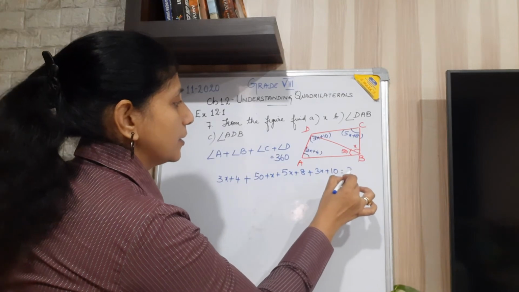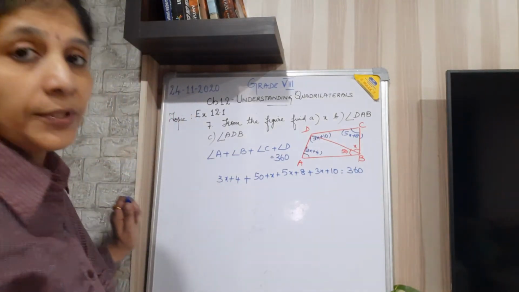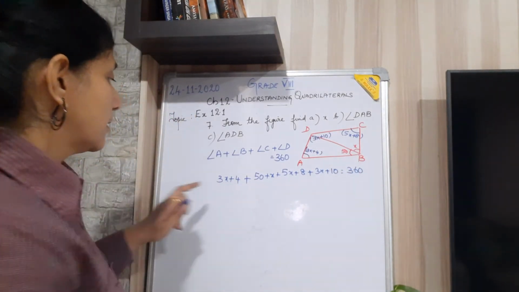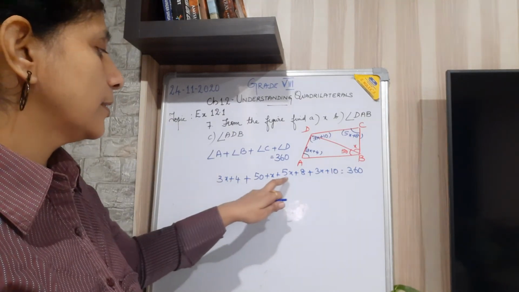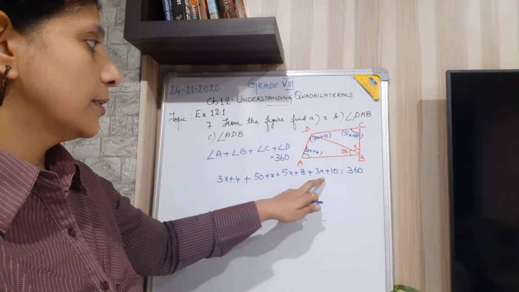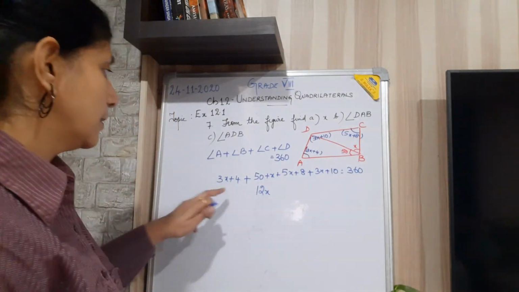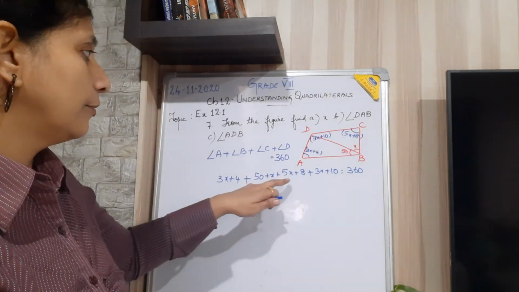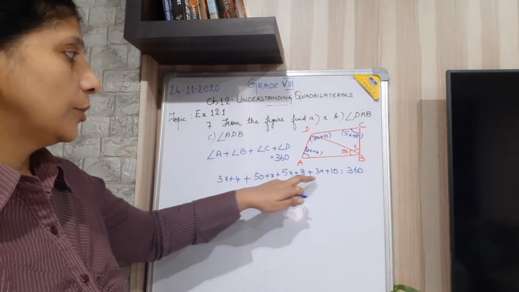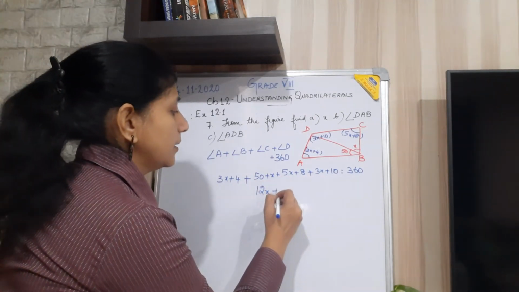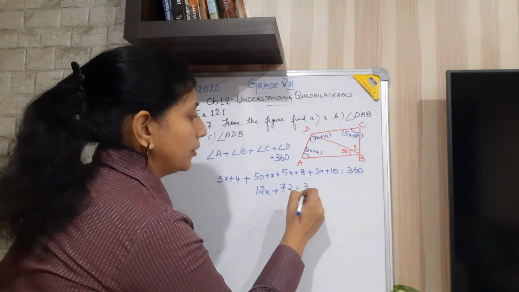That whole thing is equal to 360 degrees. Now how many x are there? 3x plus x, 4x, plus 5x, that is 9x, plus 3, that is 12x. Then 4 plus 50 is 54, 54 plus 8 is 62, 62 plus 10 is 72. That is equal to 360.